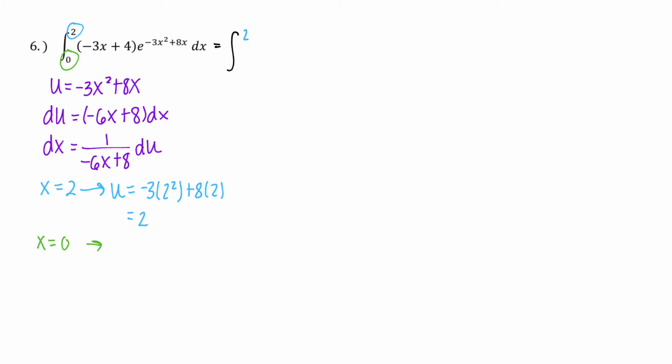Sorry, just looking at this, I realized my mental math was wrong there. This should be 4. Negative 12 plus 16 would be 4. There we go, fixed. For the bottom bound, x is 0, so this one is going to end up being 0.